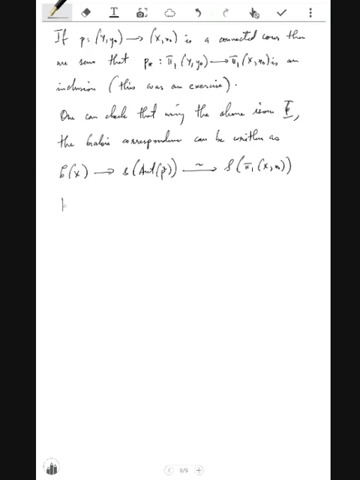If you start with a cover p from y naught to x naught, then under this correspondence this cover gets mapped to the subgroup p lower star of pi 1. So this is left as an exercise.